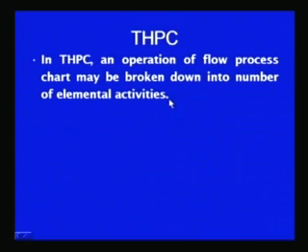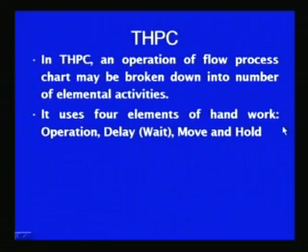An operation which can be shown as a single operation in the flow process chart can be broken down in the two hand process chart into a number of elemental activities, and that is why it provides greater detail of what is actually being done at the bench for completing a particular job. It uses four elements of handwork. These are operation, delay, move, and hold.